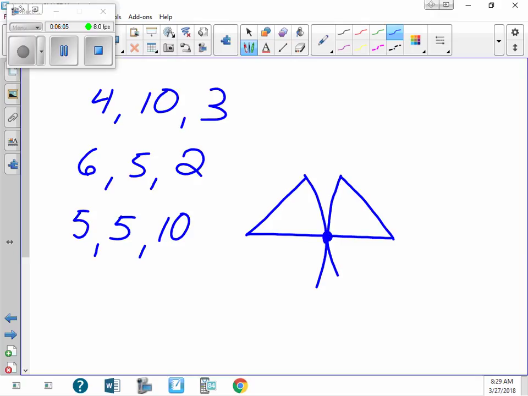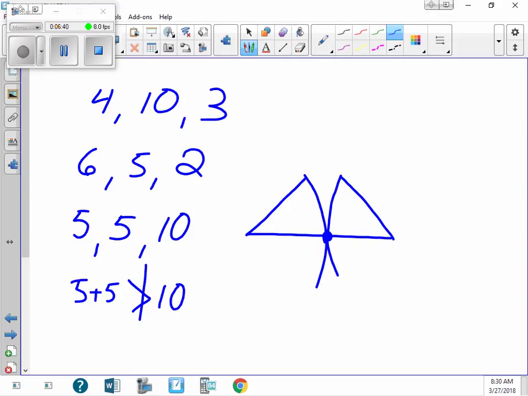Is that a triangle? What is it? It's a straight line. So when we say triangle inequality, we say the two small sides are bigger. Not as big as or more, but bigger than the third side. So 5 plus 5 is not bigger than 10. It's equal to 10. And if they're equal, you don't have a triangle.